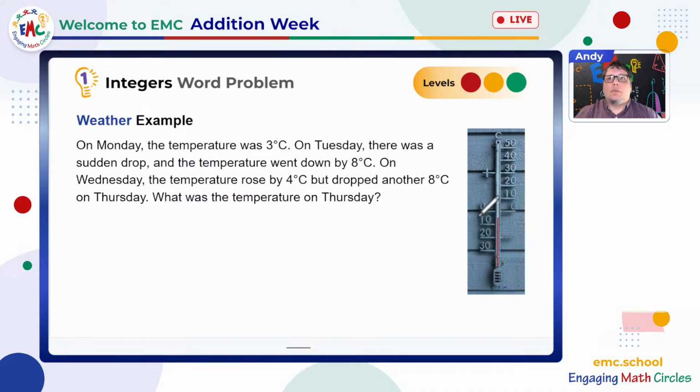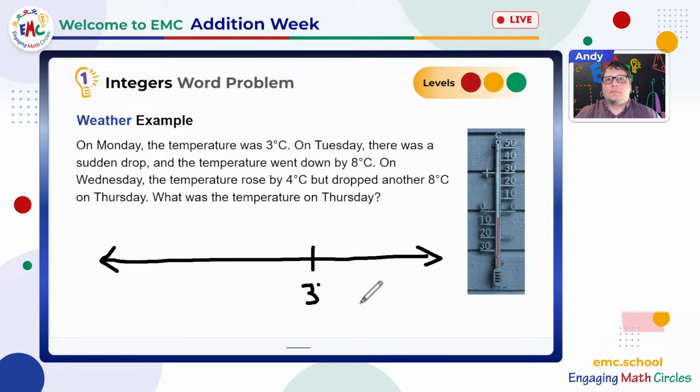Okay, so if you have a nice thermometer, you can use it, but we can use our number line from today. Start by drawing our 3 degrees Celsius. On Tuesday, there was a sudden drop.